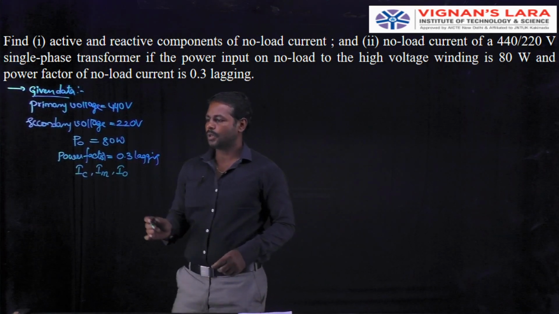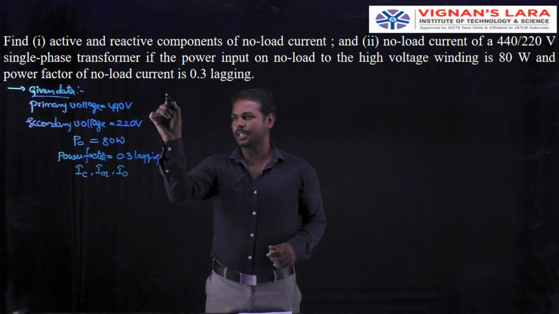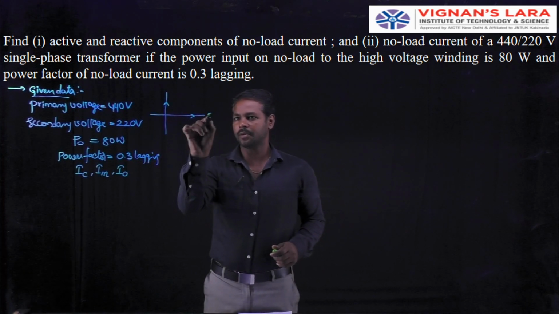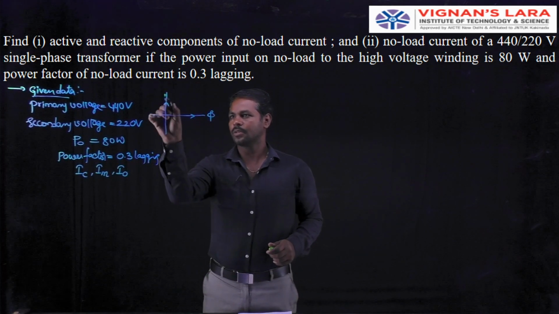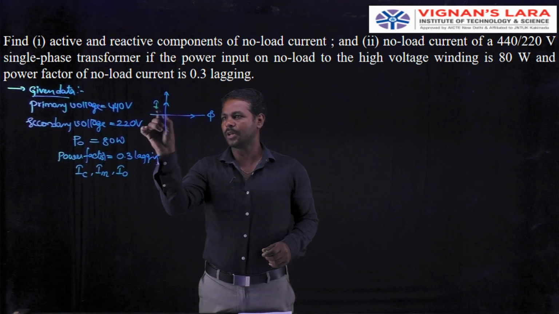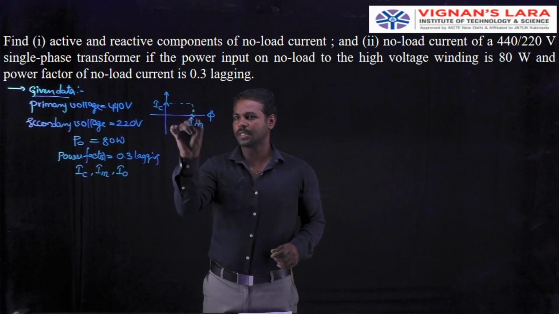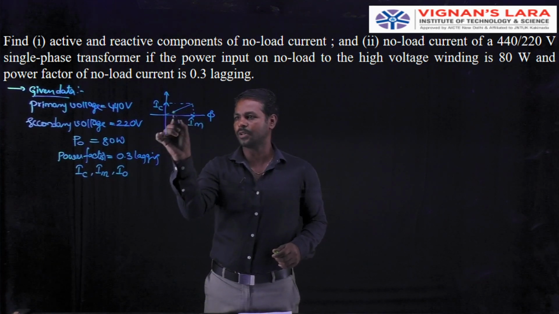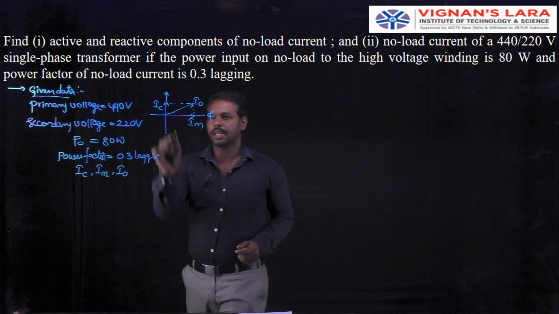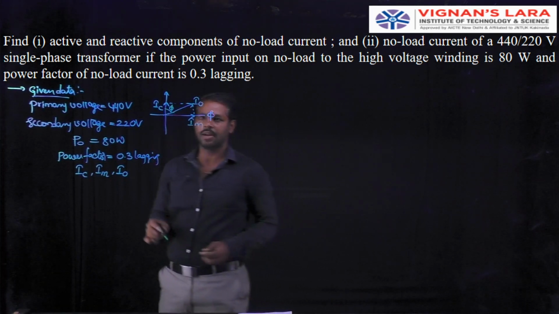Since the transformer is operating on no load condition, we can draw the phasor diagram. The flux, and the corresponding currents IC and IM, have a resultant I naught, and the angle between I naught and IC is phi naught.